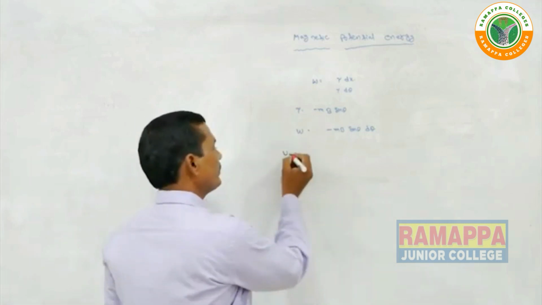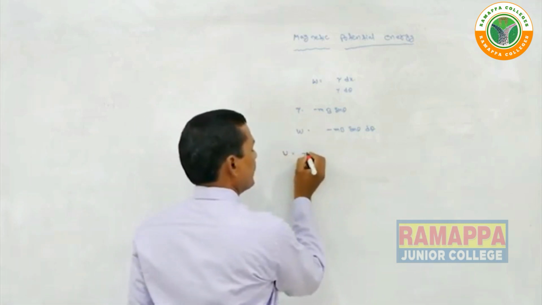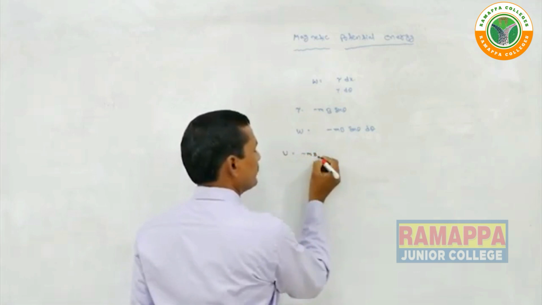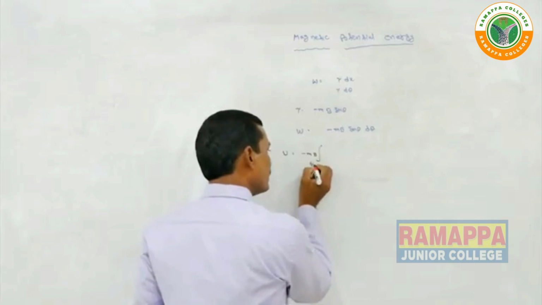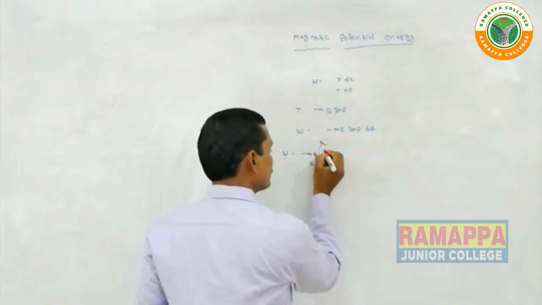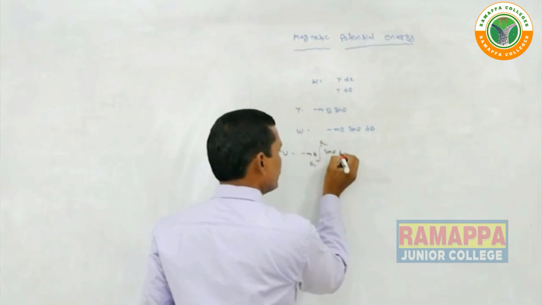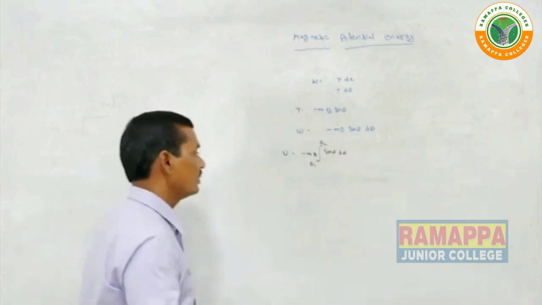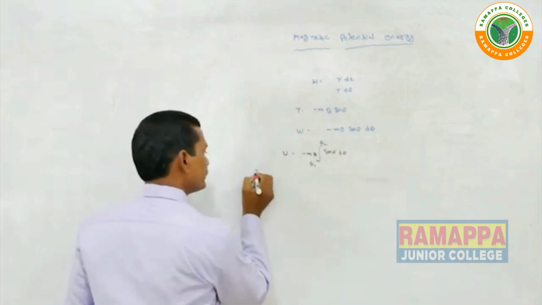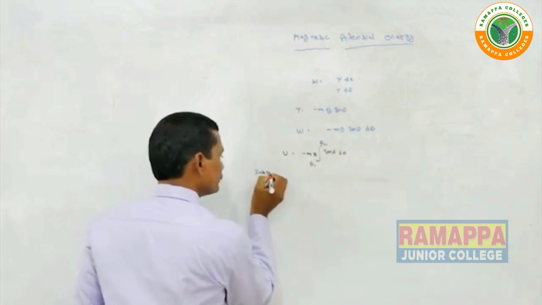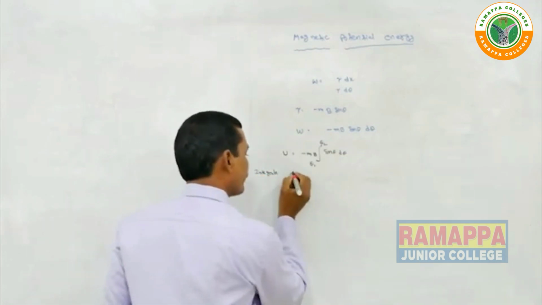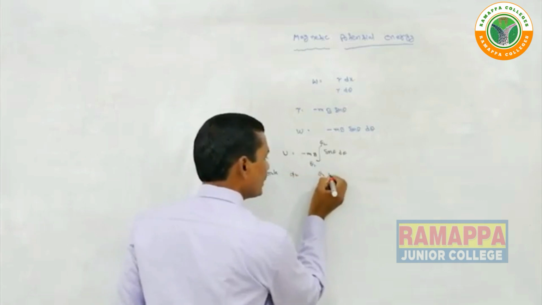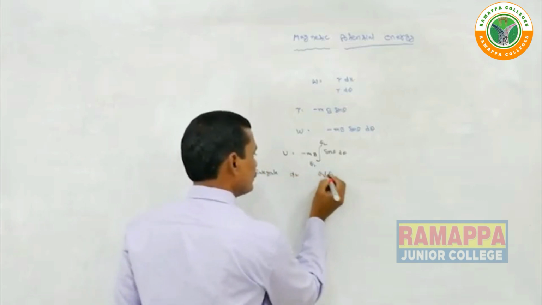U equals minus mB, and we integrate with limits theta 1 to theta 2 of sin theta d theta. So, integrate between limits theta 1 and theta 2.